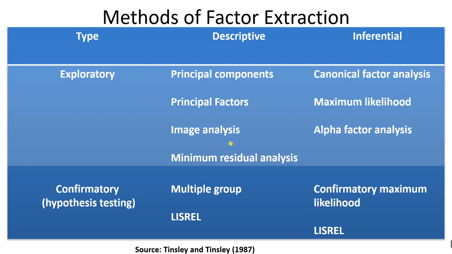So the correlation matrix is rescaled in such a way as to produce the image matrix, and then that image matrix is analyzed. It is also called image covariance analysis. And minimum residual analysis is given by Harman in 1976. This is another technique.